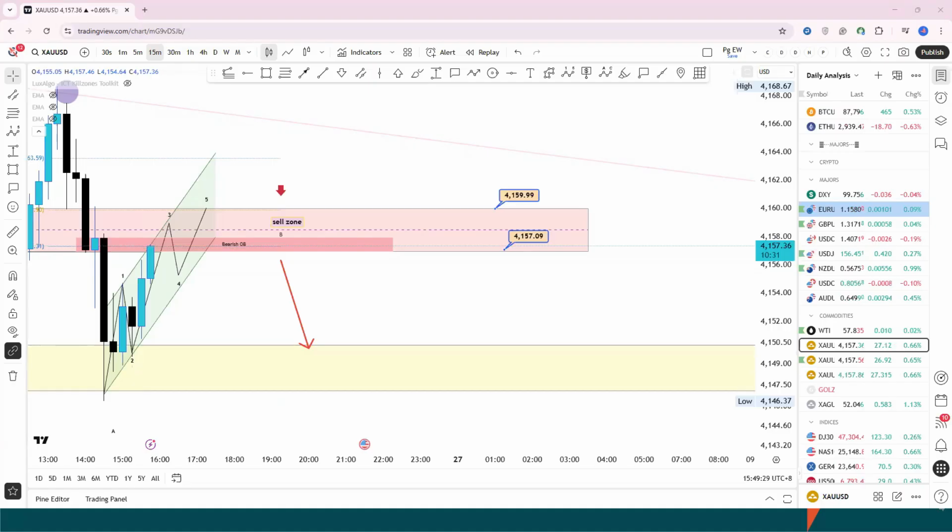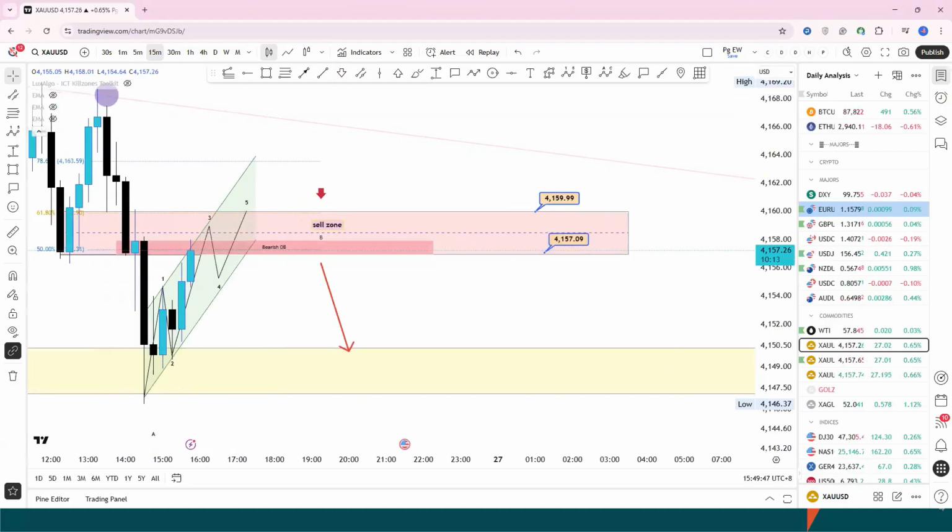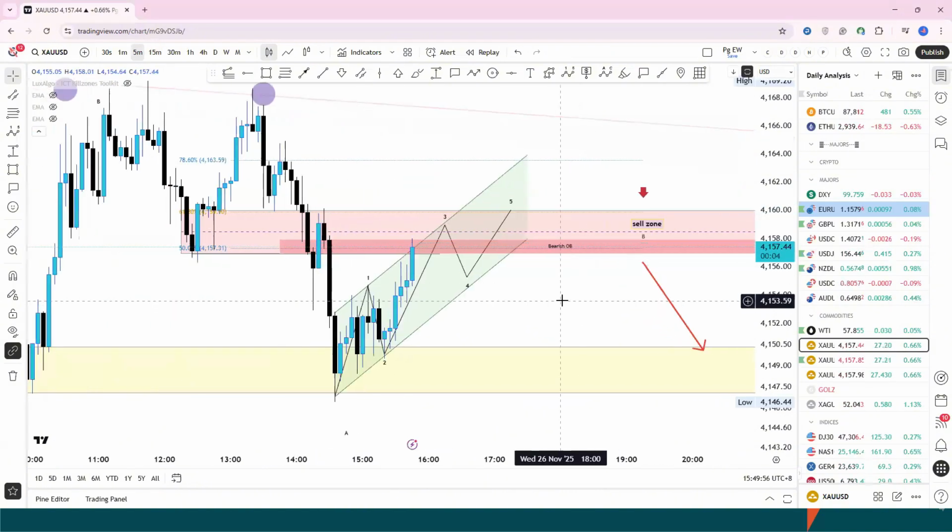Okay, now it went into the OB. If you want to manage your risk, okay? You manage your risk here.